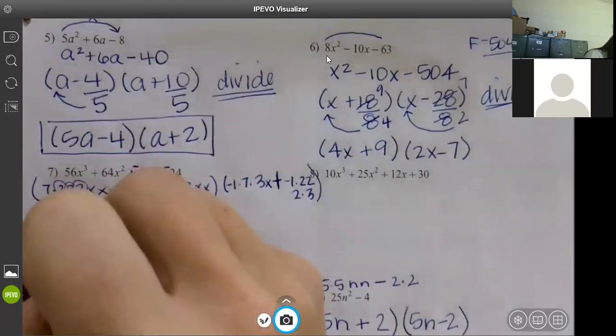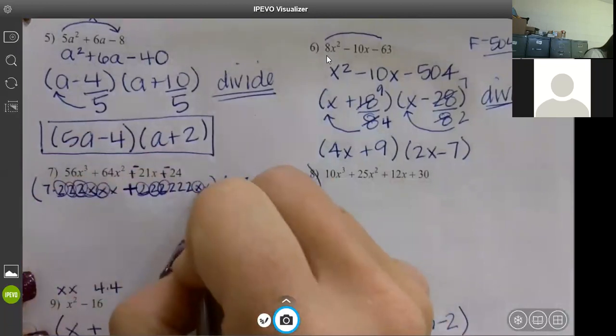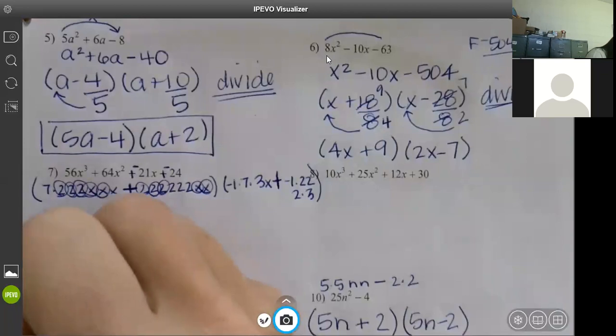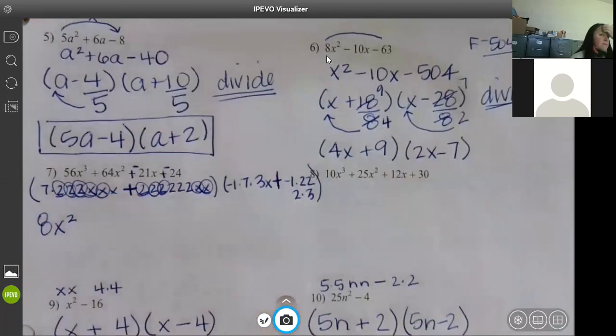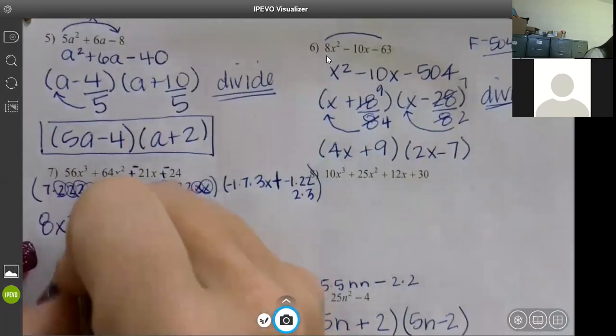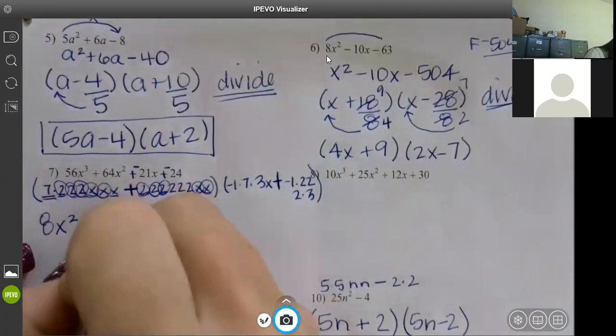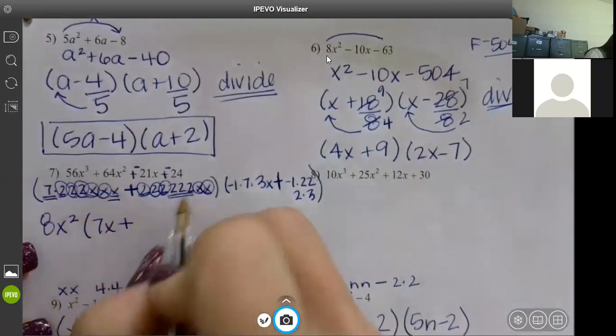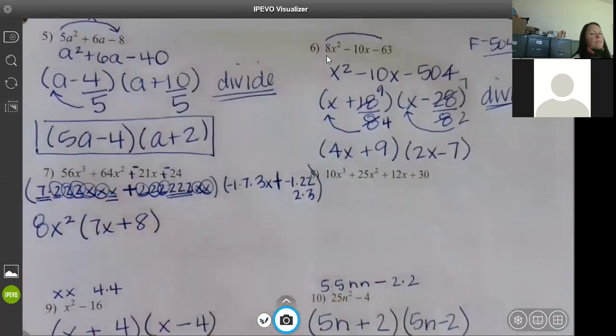How many of them? 2 x's. So 3 2's, remember, is 8 and 2 x's. And then for the parentheses, you write down what you see that's left over. What did I leave? I left a 7x, a big fat plus, and then 2 times 2 times 2 is 8.